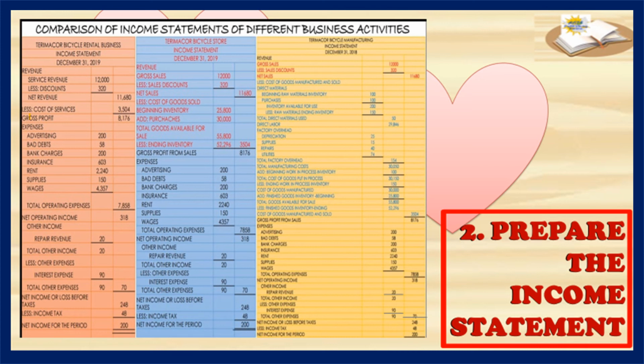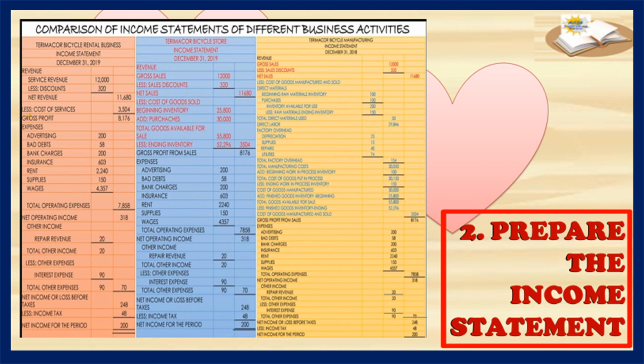Therefore, the presentation of the income statement is much simpler than the merchandising business, because in the merchandising business, you have to compute for the cost of sales. So that will include a lot of details in the financial statements. Then the most complex is the manufacturing business, because you have to show the cost of goods manufactured.